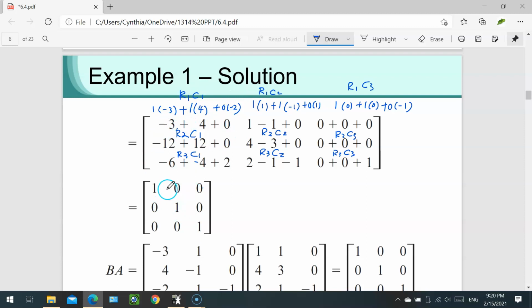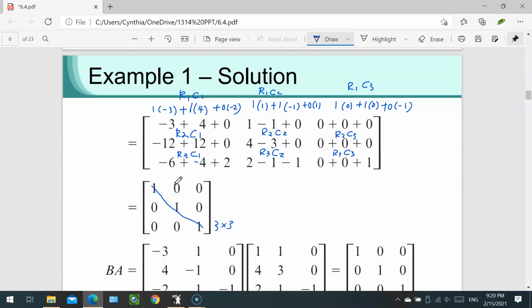As a result, it has an identity matrix because on the diagonal direction, all the numbers are 1. The remaining numbers are 0. So this is a 3 by 3 identity. So when we compute A times B, we get an identity matrix.